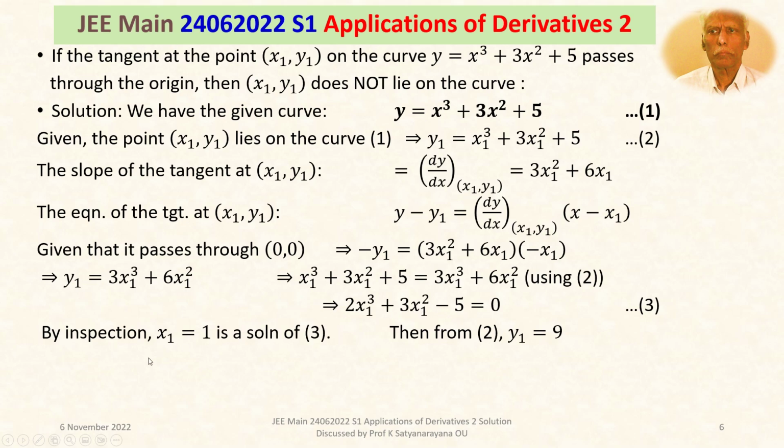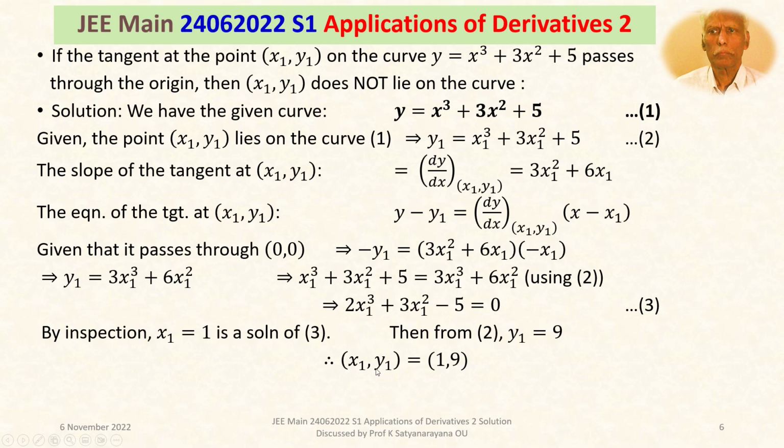And if x1 is 1, what will be y1? That you can get from equation 2. So y1 is equal to 1 cube plus 3 times 1, 4, plus 5, 9. So y1 is equal to 9. So what is the point x1 comma y1? That is 1 comma 9.